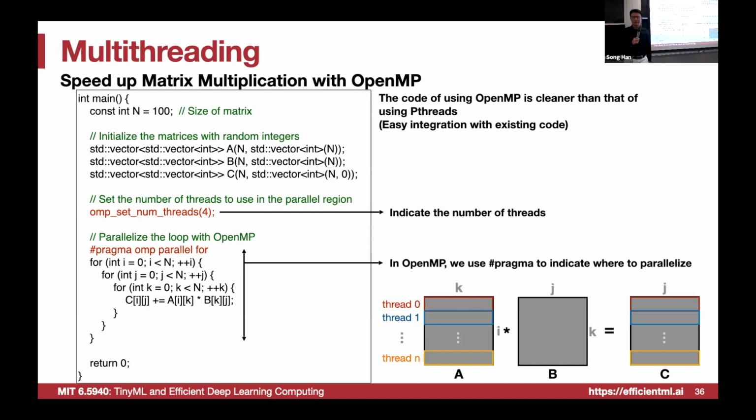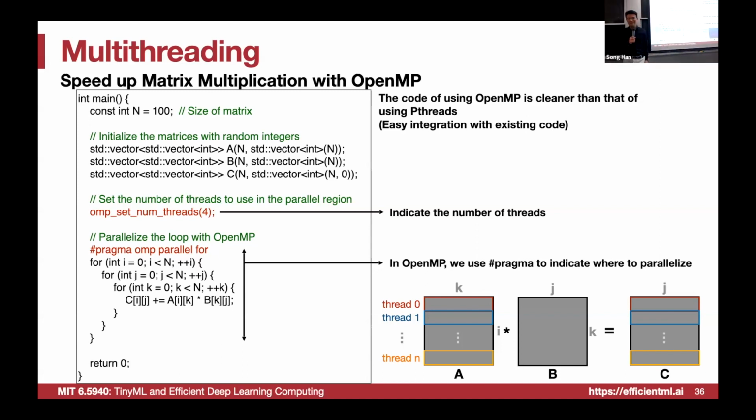So which for loop are we parallelizing? This is I, K, this is J. So actually, we are parallelizing in the I dimension, right? Therefore, we put the pragma omp parallel for on top of the I dimension. So this I dimension just automatically gets parallelized by 4 in this case.